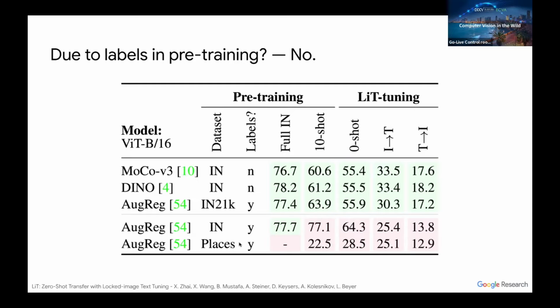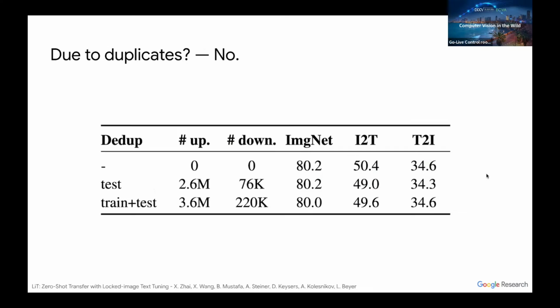And also on Places, it's a much different dataset, on scenes instead of objects. And you also see the numbers on downstream transfer go quickly to 28%. So this means that as long as your model can produce high quality embeddings, the model can likely transfer well to your downstream task in this LiT tuning setup.